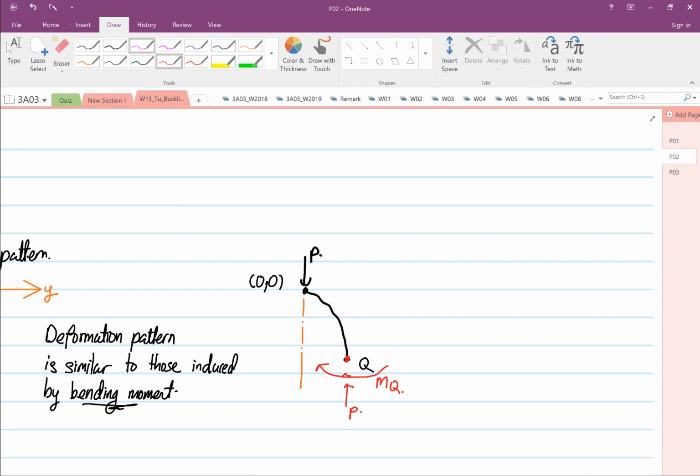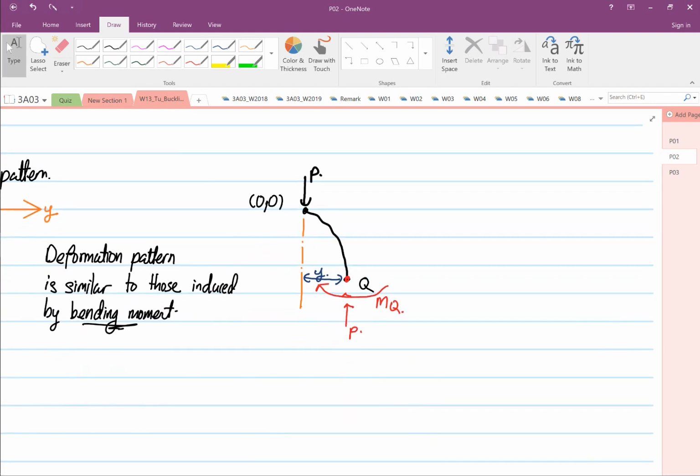So the moment about point Q. We are aware that the distance from here to here is y.